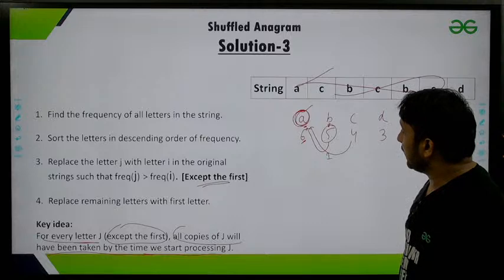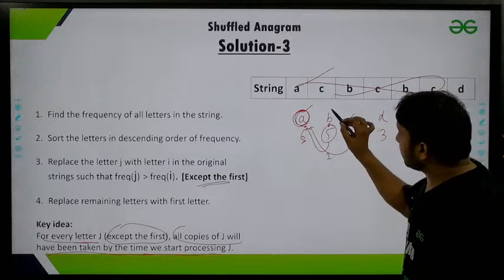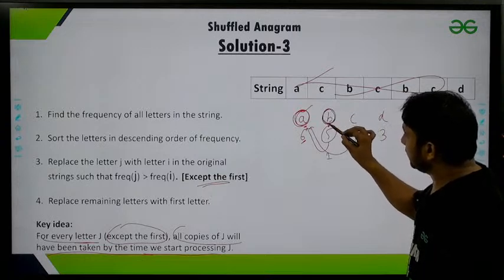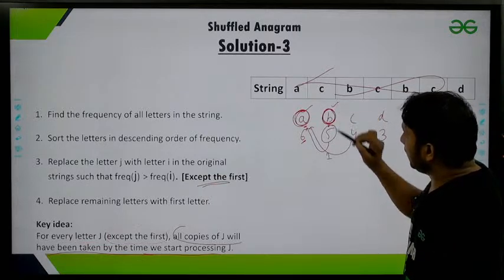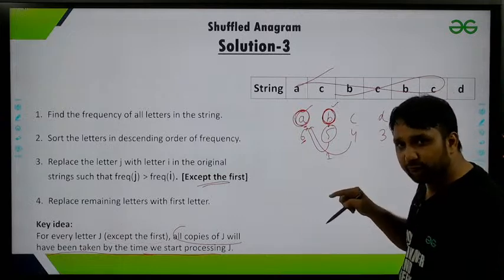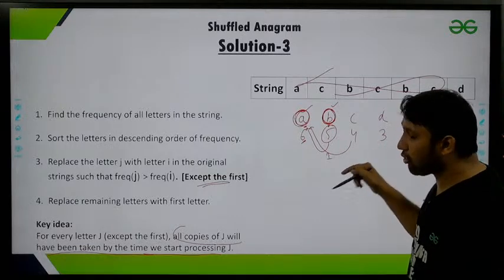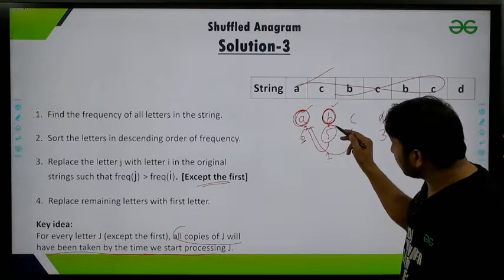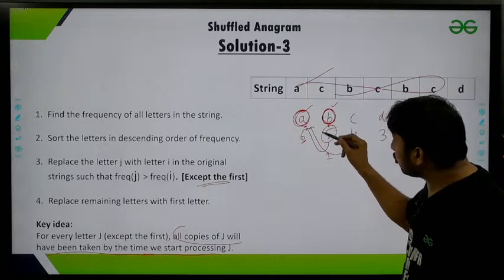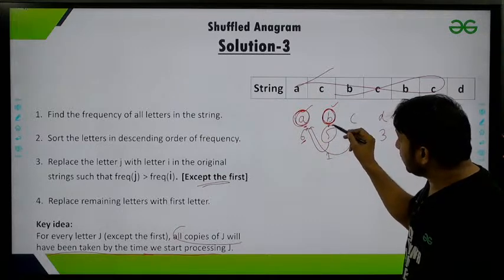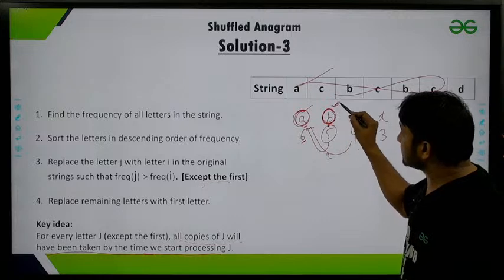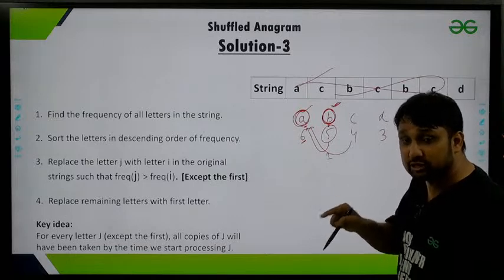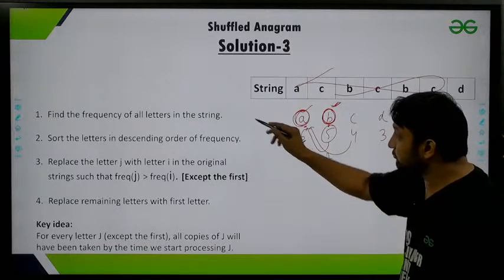Okay, and after that what are we doing? Now we are replacing B. This is the important point. To replace B, can we replace B with B itself? At this moment, no, we cannot. Why? We have already consumed B to replace A. When the turn of B comes to be replaced in the original string, this algorithm is very clever.